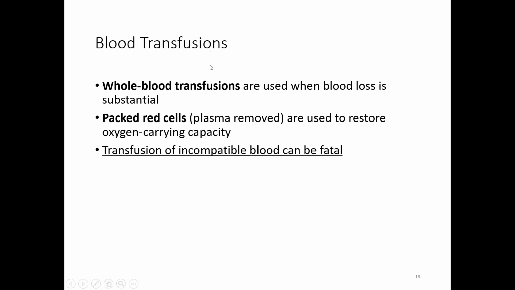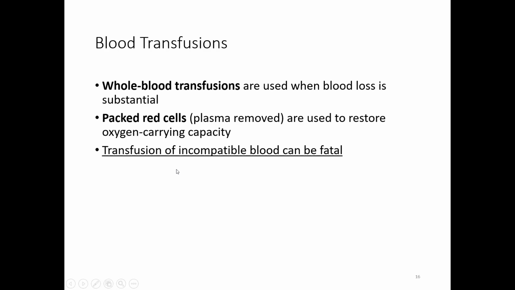Blood transfusions. When blood loss is substantial, when a person lost a lot of blood, whole blood transfusions can be used. But usually, just to restore oxygen carrying capacity of the blood, packed red blood cells will be transfused without plasma.